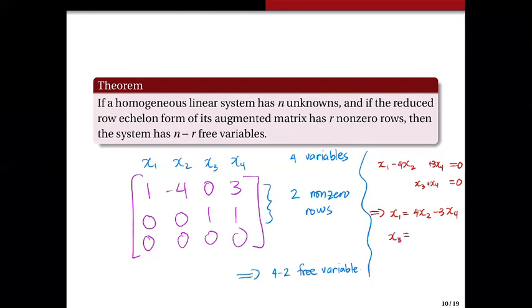So x3 equals negative x4. So x sub 2 and x sub 4, these are your free variables. So 2 free variables.